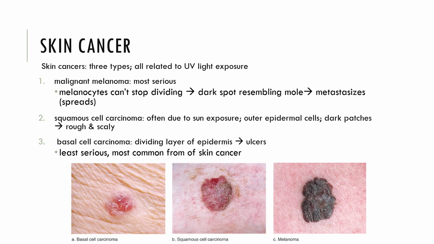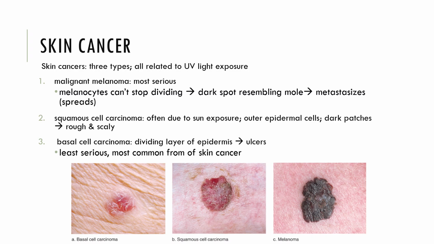We have 3 types of skin cancer: melanoma or malignant melanoma, squamous cell carcinoma, and basal cell carcinoma. Malignant melanoma is the most dangerous type of skin cancer, arising from melanocytes.